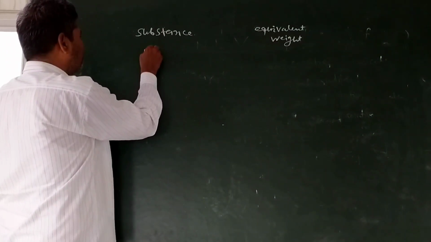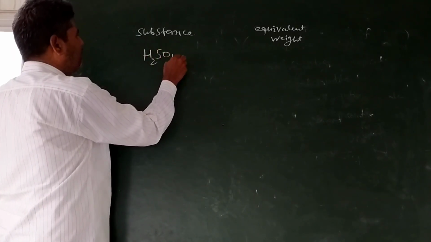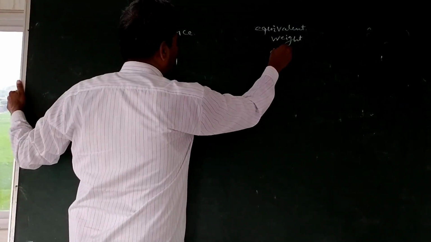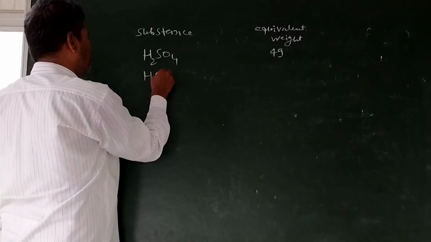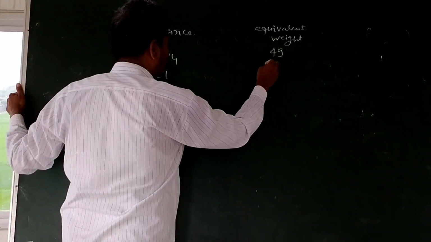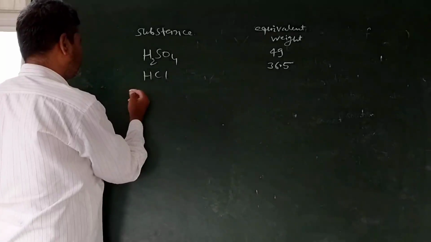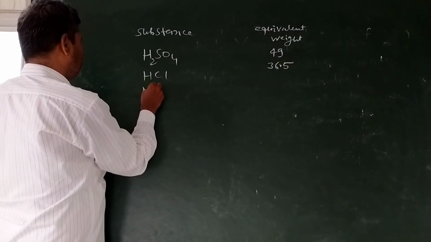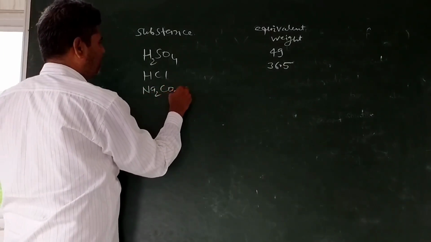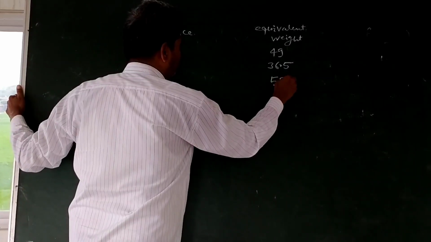Substance, sulfuric acid, equivalent weight 49. Hydrochloric acid 36.5. Sodium carbonate 53.